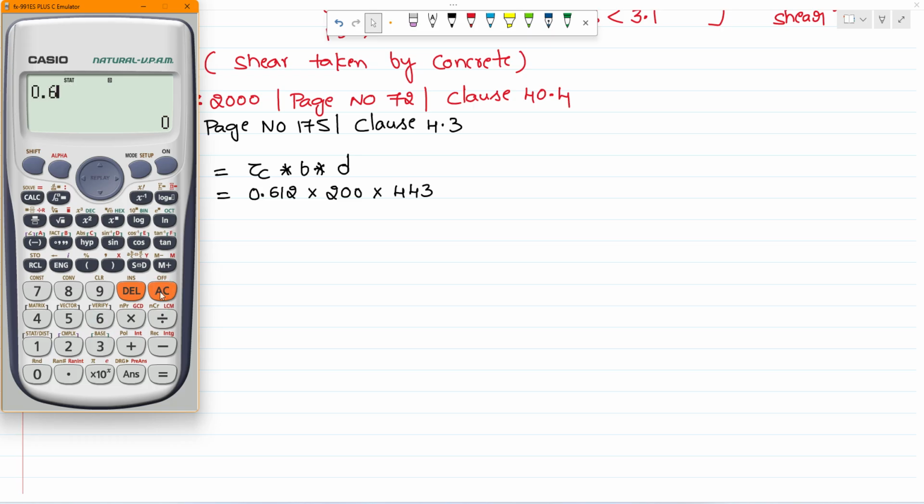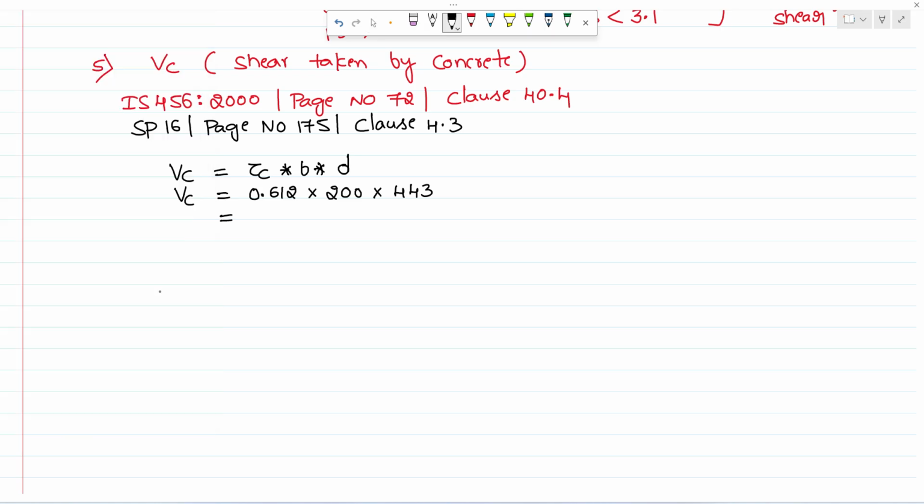So it will be 54223.2 Newton. Divide it by 10 power 3 to convert to kilonewton. VC equals 54.22 kilonewton. So this is the shear taken by concrete.